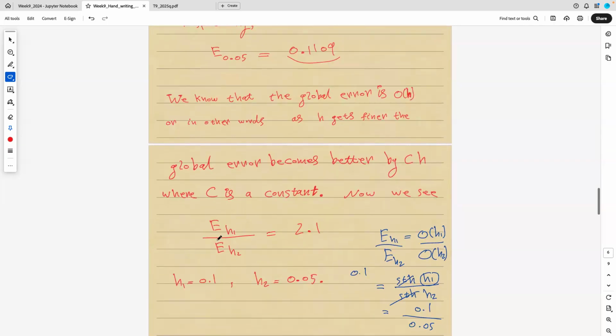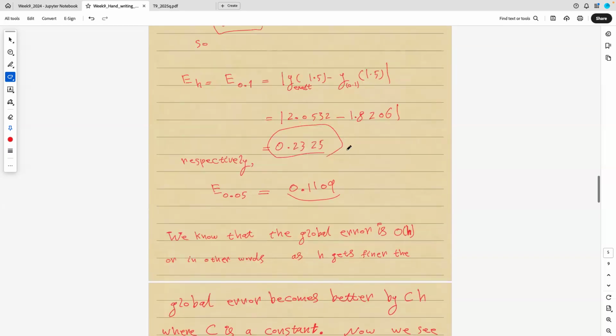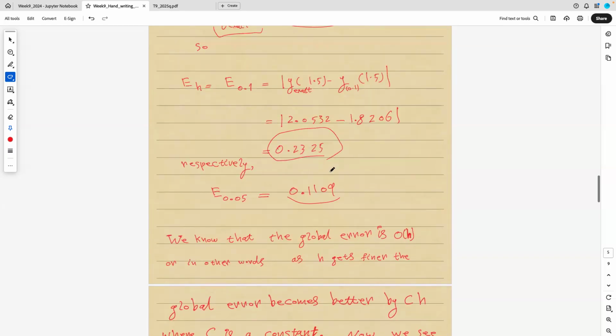Okay, for the global error, big O error, for the step sizes h1 and h2, the ratio is just 2/10. All we did is divide this one by this one, and it came out to be like 2.1.